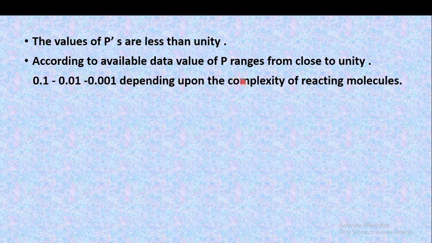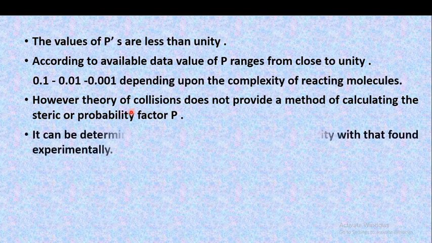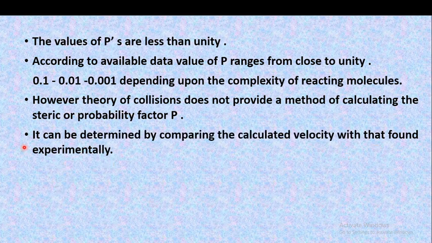If the reacting molecules are complex, the value varies from 0.1 to 0.01 to 0.001. However, the theory of collisions does not provide a method of calculating the steric or probability factor P. It can be determined by comparing the calculated velocity with the experimental velocity.